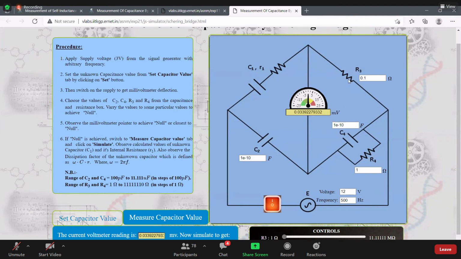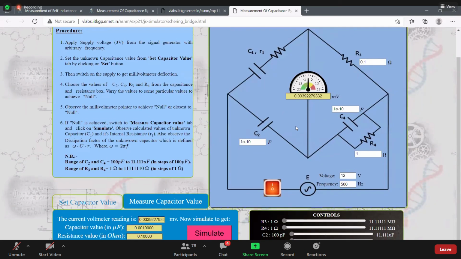If the impedances of the 4 arms are equal, then the bridge is balanced, which means the voltage is nearly equal to 0 here. Which is the unknown capacitance? C1, sir.